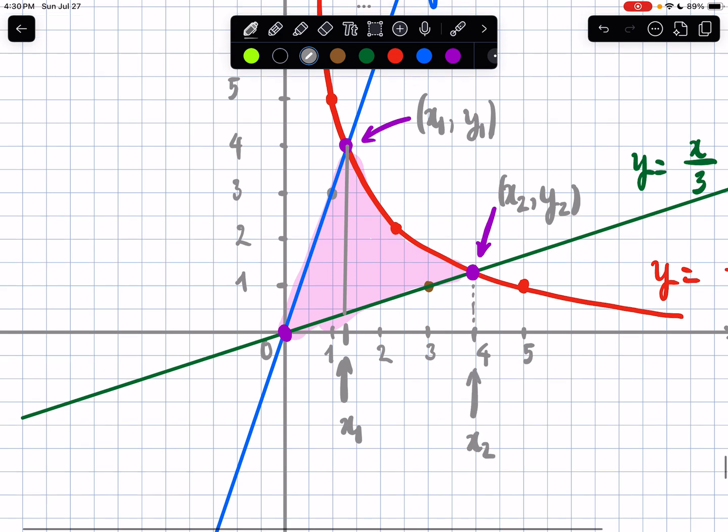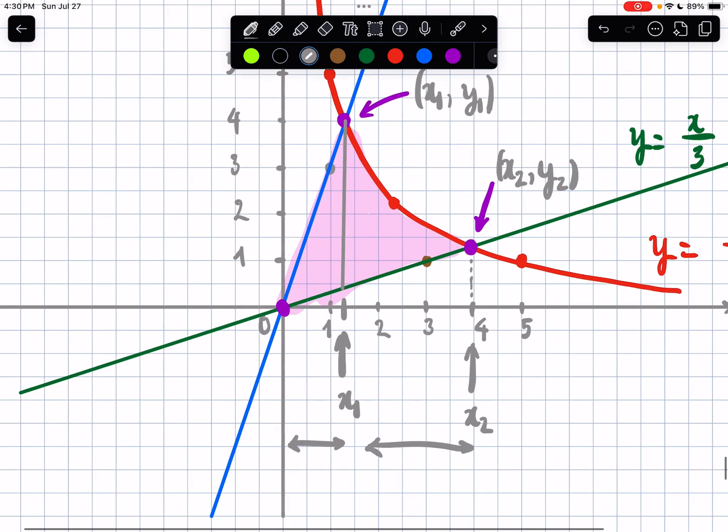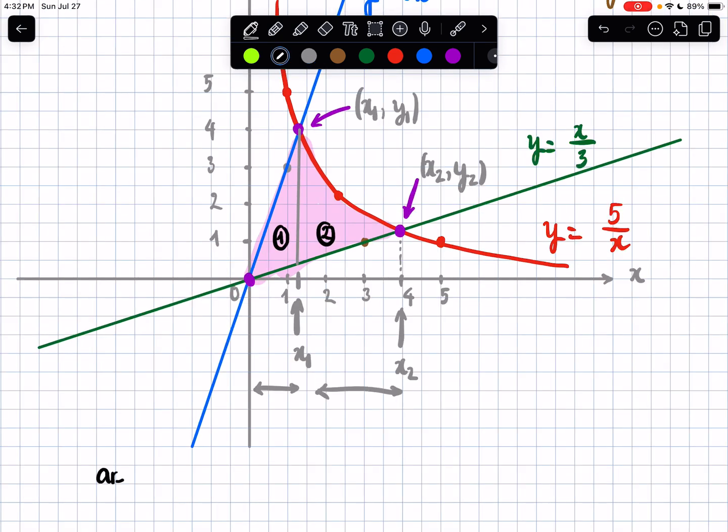We will compute the area of this part where x is from 0 to x1, and the second part where x is from x1 to x2. The area of the total region is the area of the first region plus the area of the second region.